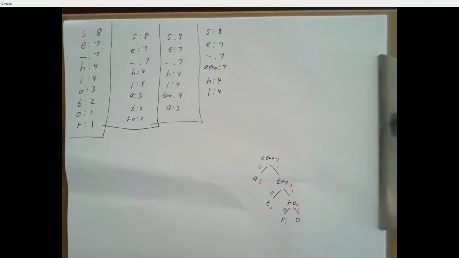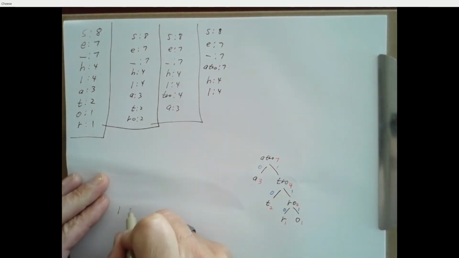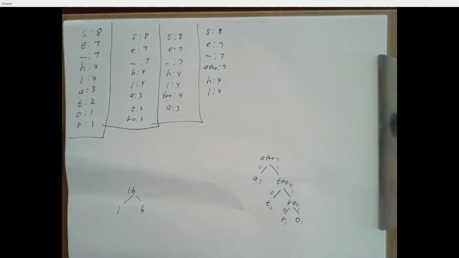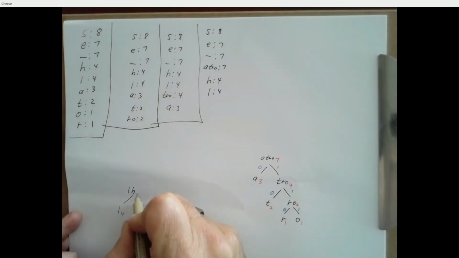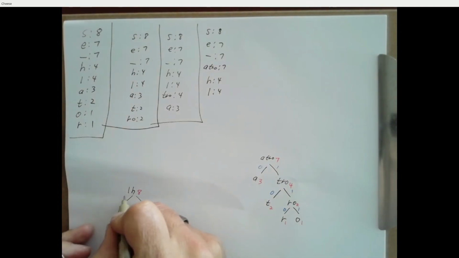All right, so ATRO has 8, so H and L are our two lowest frequency. So let's put those together into a tree. And this was 4 and 4 and 8. And we'll label that a 0 and a 1.